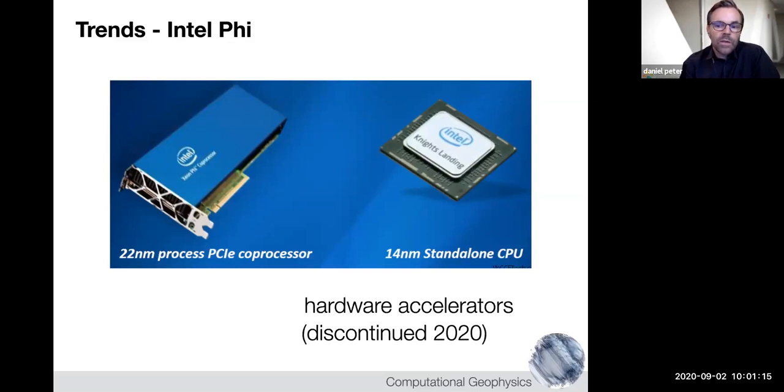So some of the supercomputers use these now as accelerators to speed up the machine, but Intel stopped this program now, basically. So they're not continuing with these separate hardware accelerators.